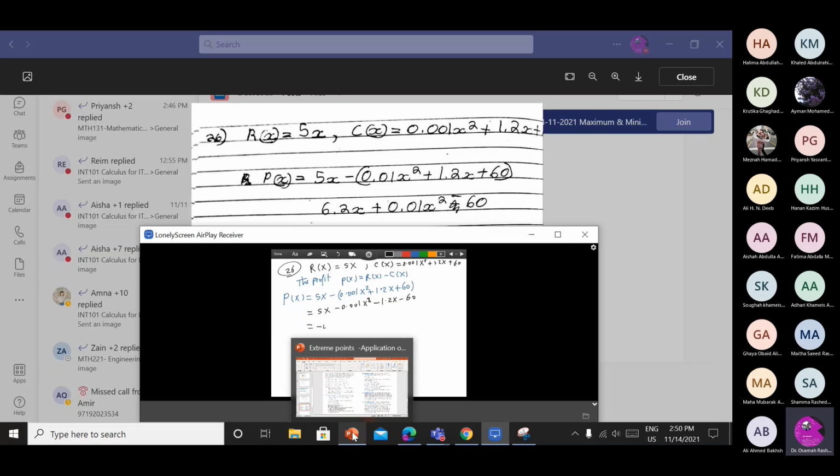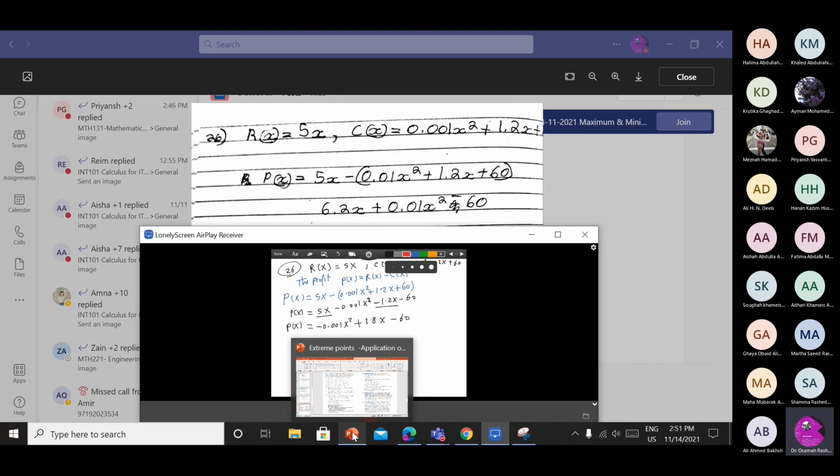Now I have minus 0.001 x squared, and I have minus 1.2x from 5x, so I will have 3.8x positive, right? Minus 60. This is my profit.